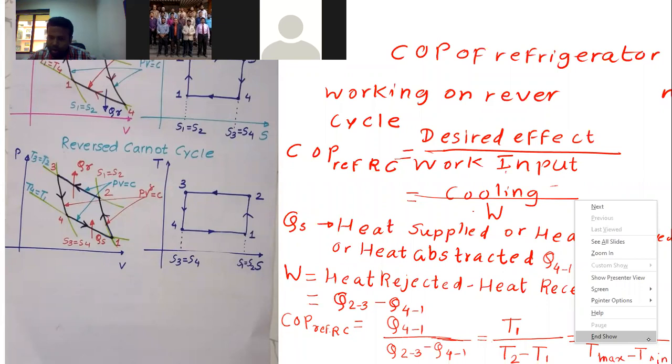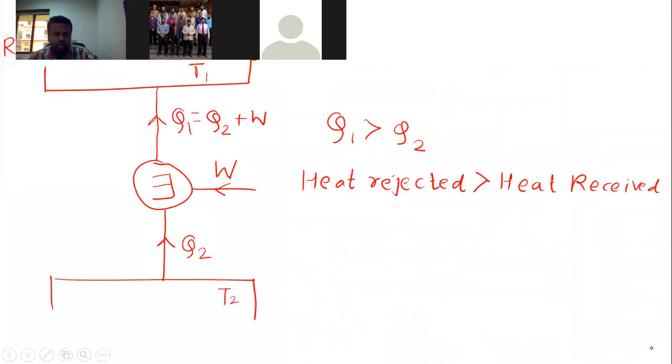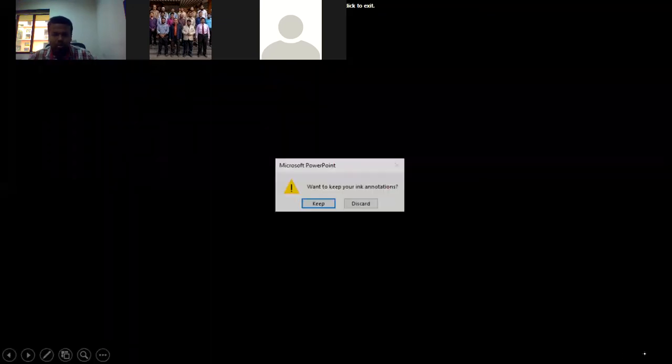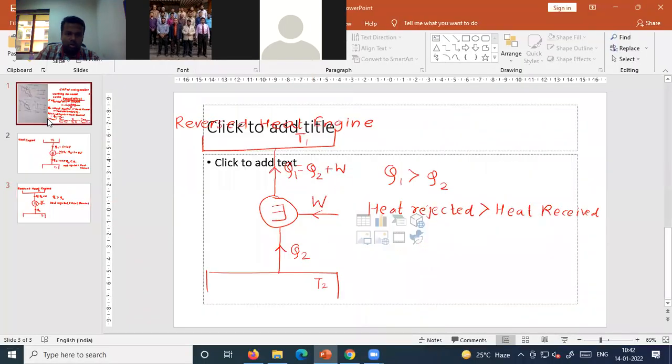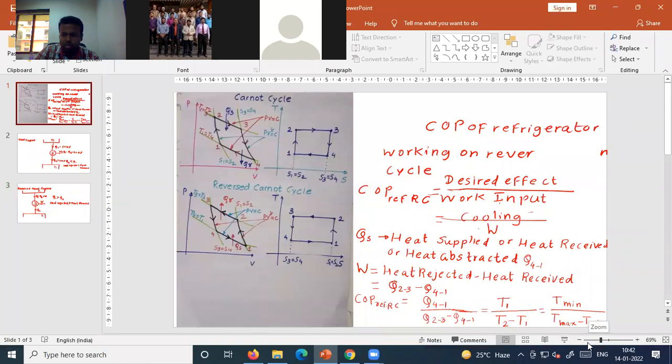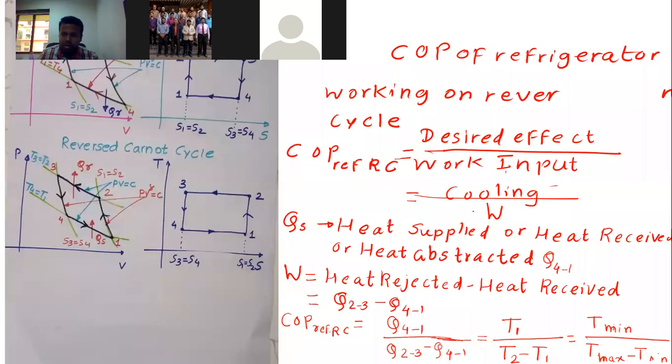Is that okay or not? What formula do we have? We have 1 minus T minimum divided by T max minus T minimum. Is that okay?